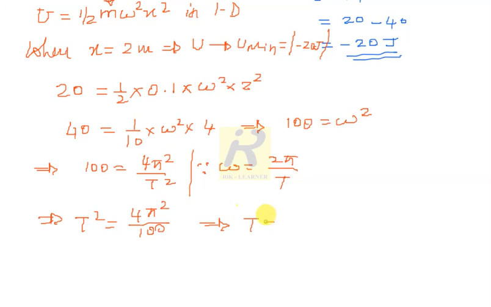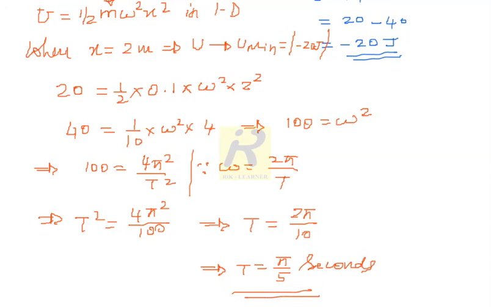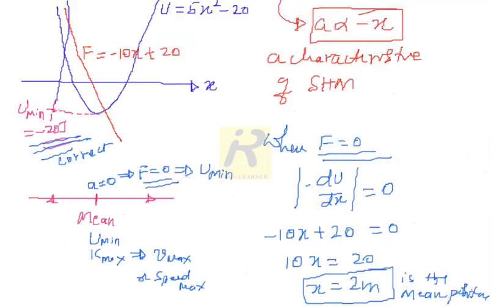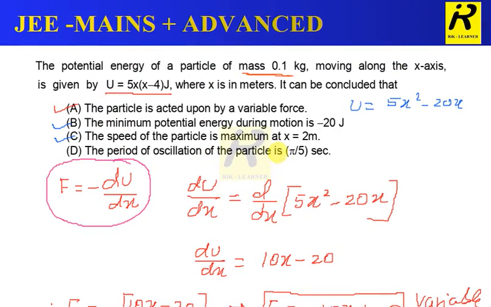So T equals 2 pi divided by 10, or simply T equals pi divided by 5 seconds. This is the period of oscillation of the simple harmonic oscillation in this question. So pi by 5 seconds, the period of oscillation of the particle, is also right. Hence in the given question, all the options A, B, C and D are correct.